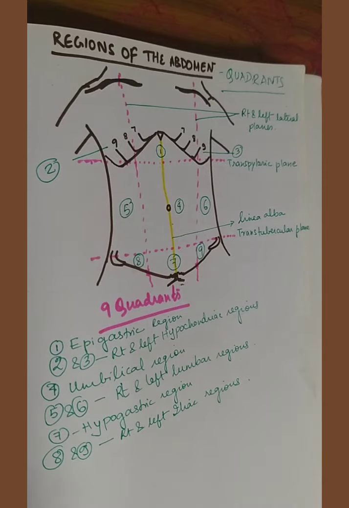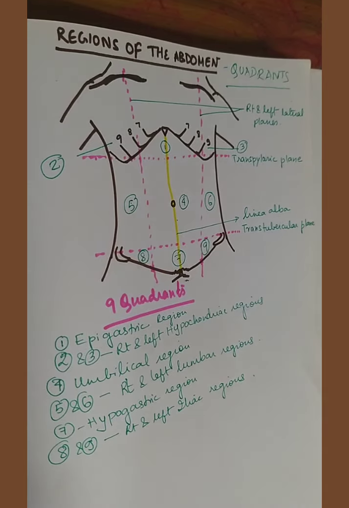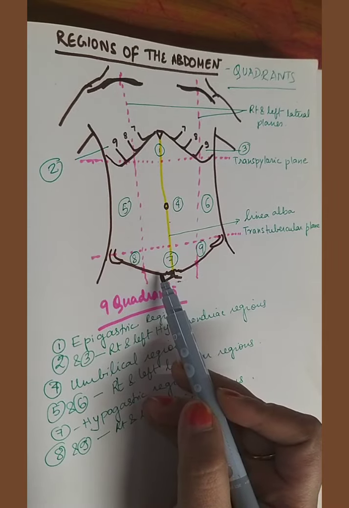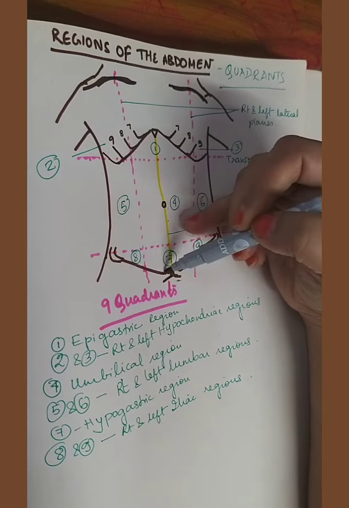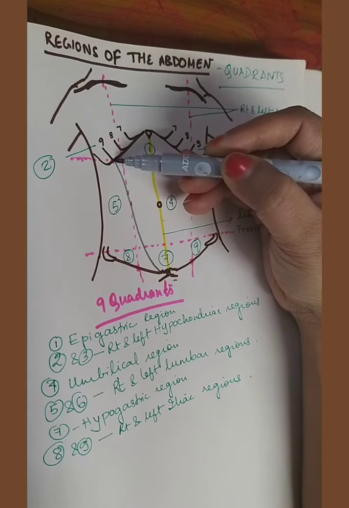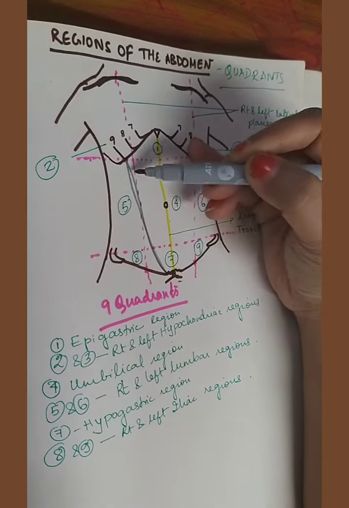Alright. Then we have two more curved grooves on either side of the linea alba. These are called the linea semilunaris. They extend from the pubic tubercle to the tip of the 9th costal cartilage.